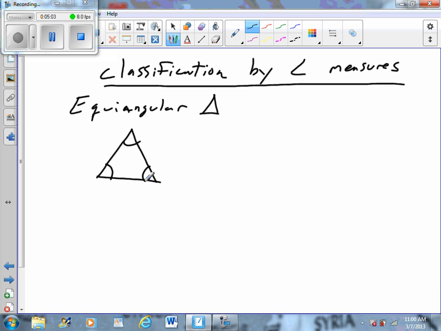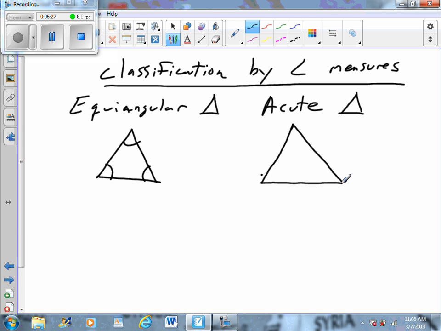An acute triangle is classified as such because all three angles measure less than 90 degrees, okay? All three angles measure less than 90 degrees.